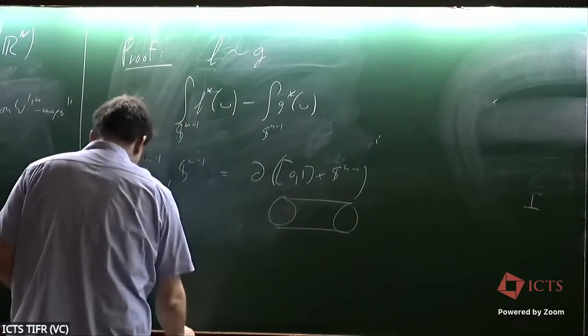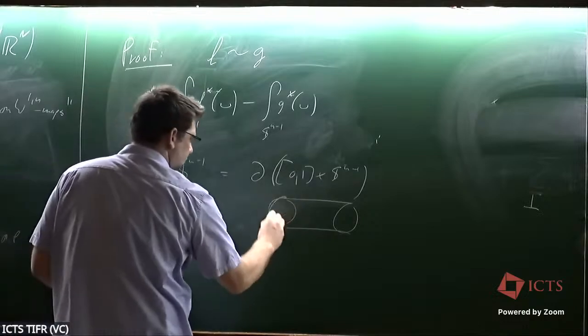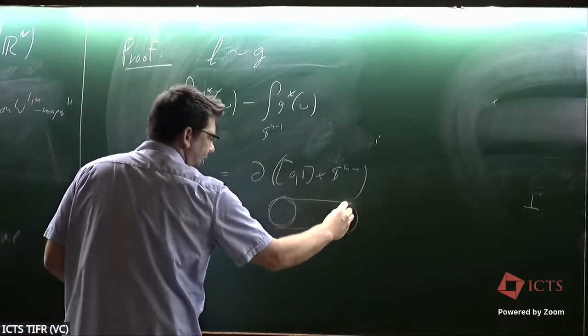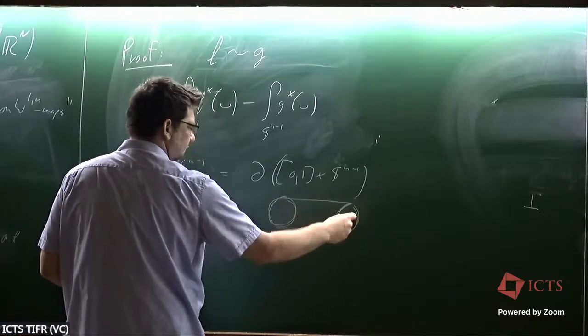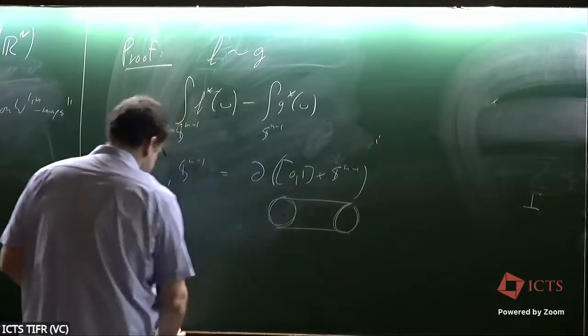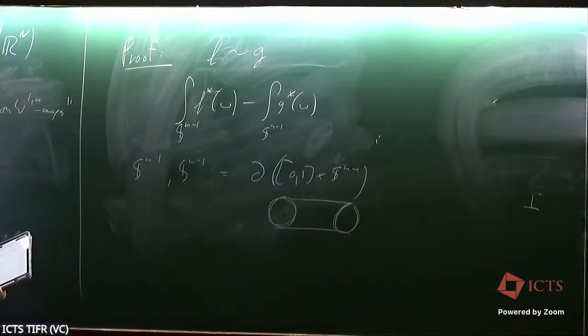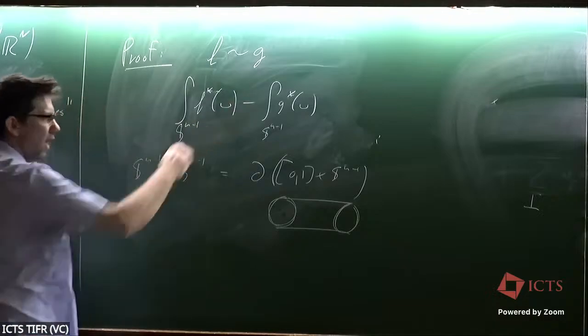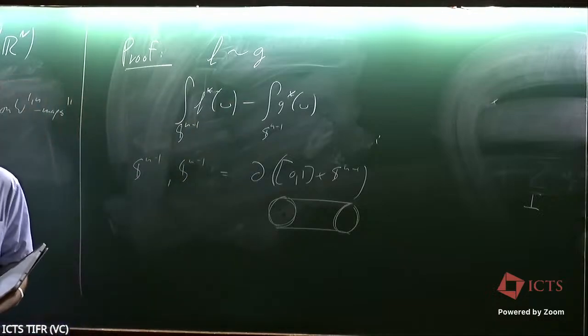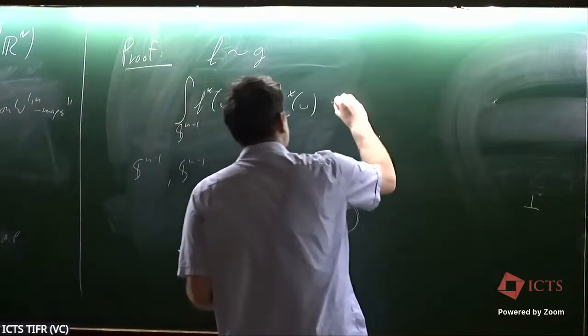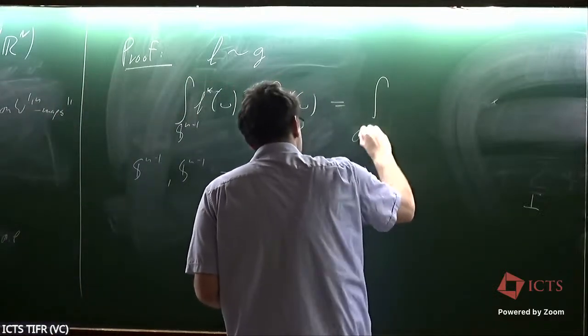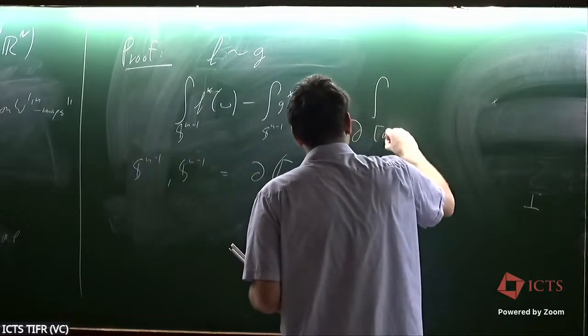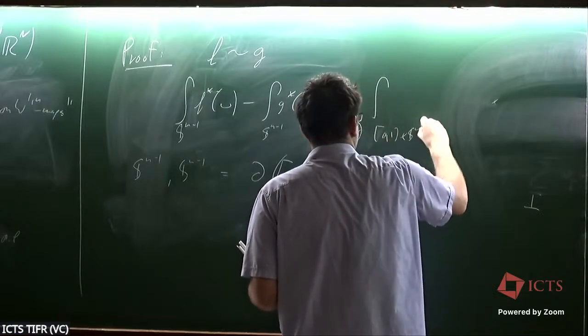And this, and with a sign, right? So there's a plus minus here. The yellow thing is the boundary of the white thing, right? So this integral, which looks like two integrals, is actually one integral. This is the integral over the boundary of 0, 1 cross Sn minus 1.